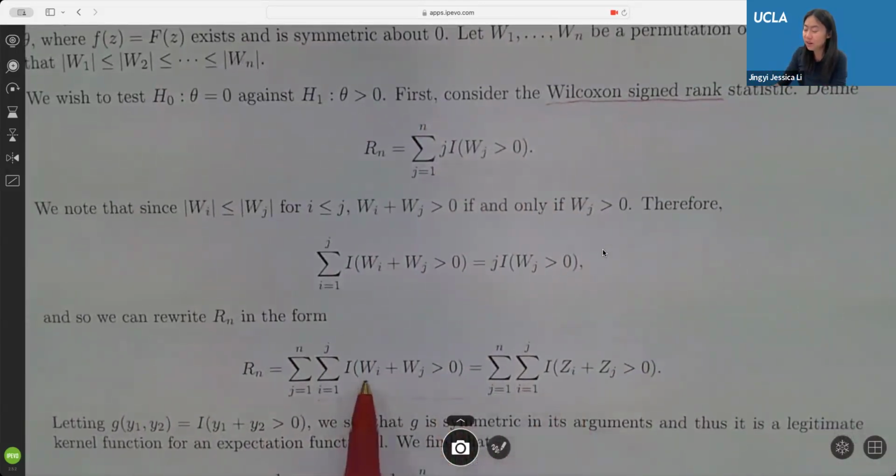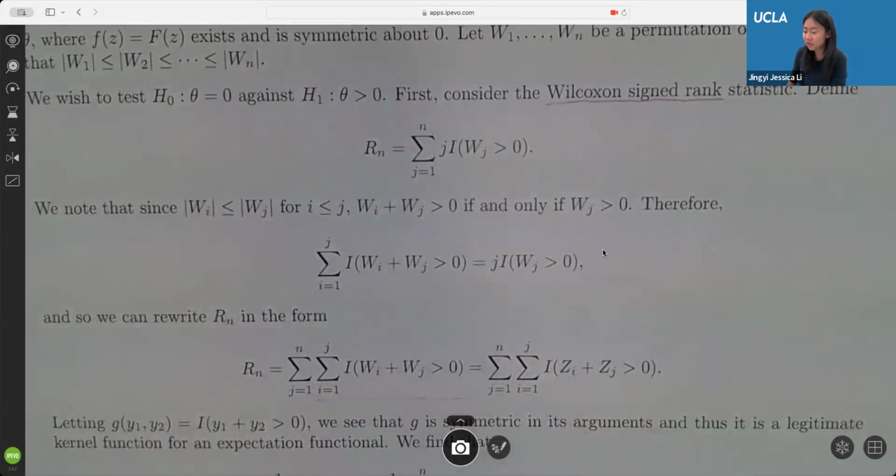Now, because here you're adding up every possible pair, basically, right? j goes from 1 to n, i goes from 1 to j. So you're adding up all possible pairs. So the rank, or the order, doesn't matter anymore because you're going through all pairs. Then you can just restore Wi, Wj to Zi, Zj. So Zi, Zj is the pre-sorted version.